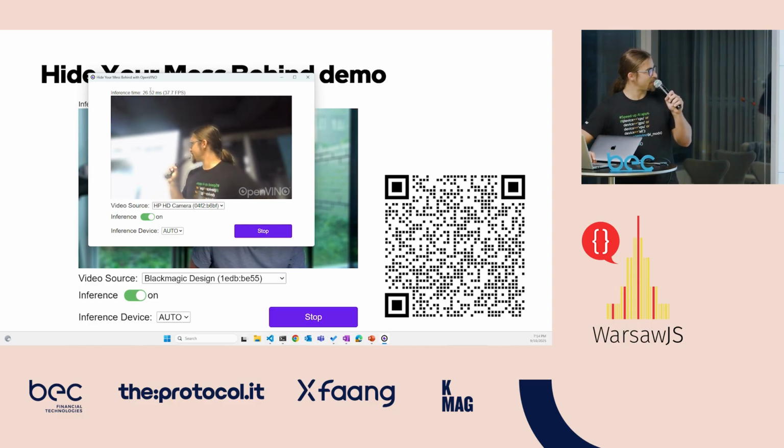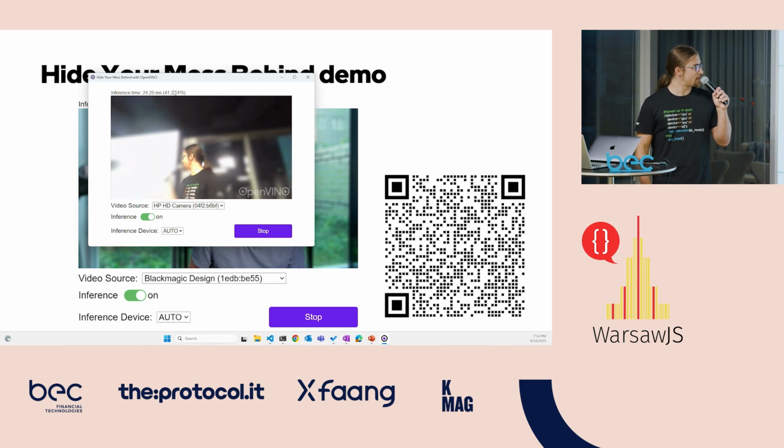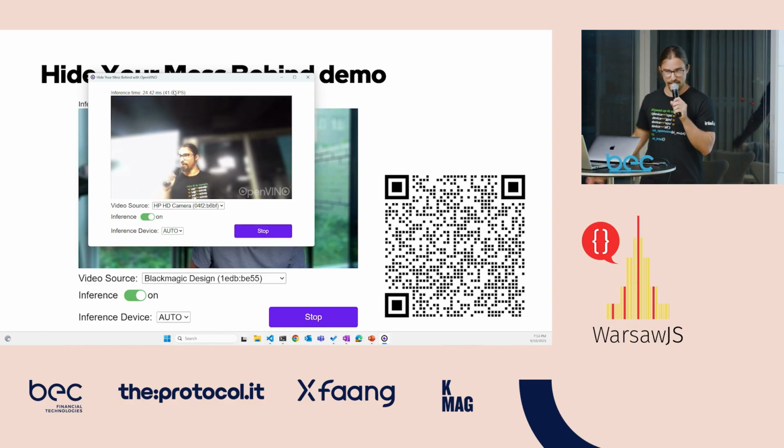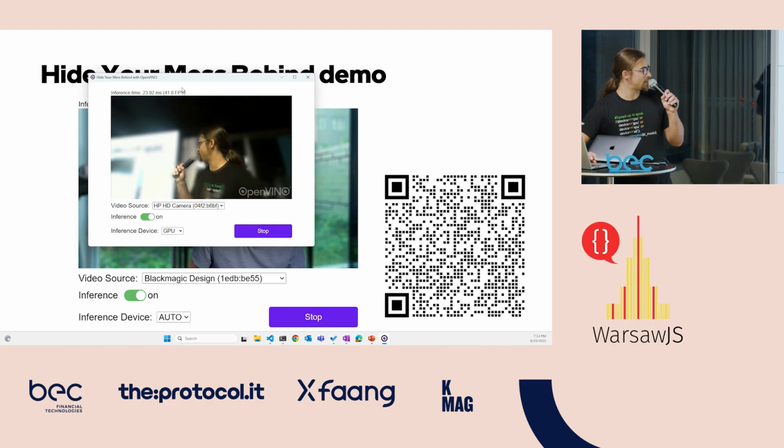And as you can see, the inference time is really quick. We can infer 40 frames per second on auto mode. When you switch to GPU, it will be even faster, probably. Yeah, it's a little bit faster, and on CPU it should be the slowest.